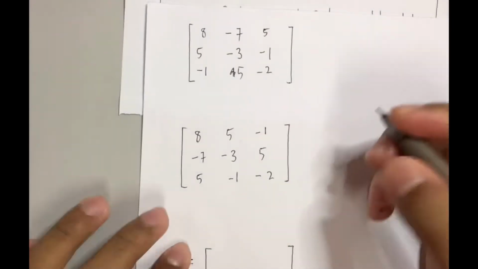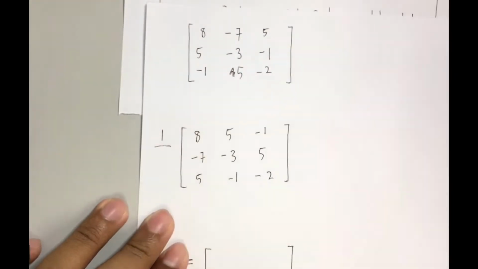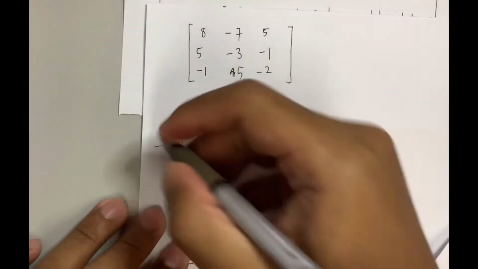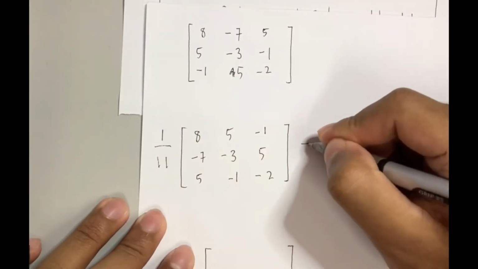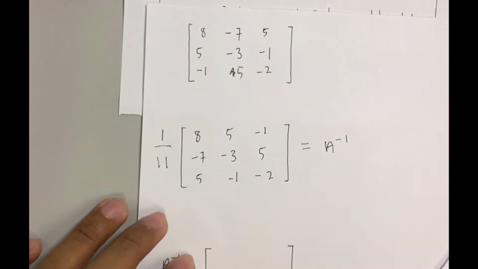And we also multiply by 1 over the determinant, 11, which is equal to inverse A.